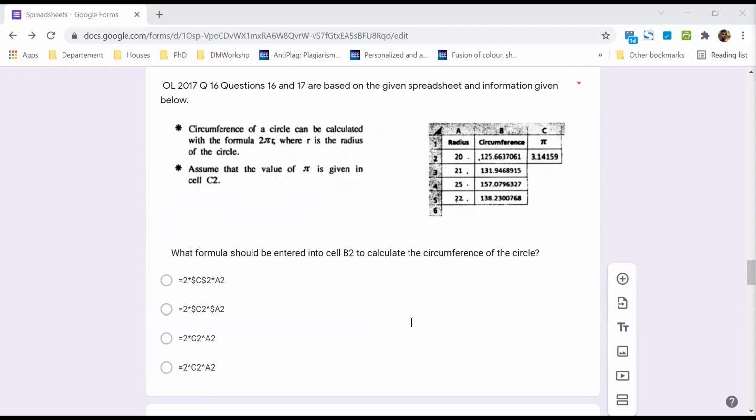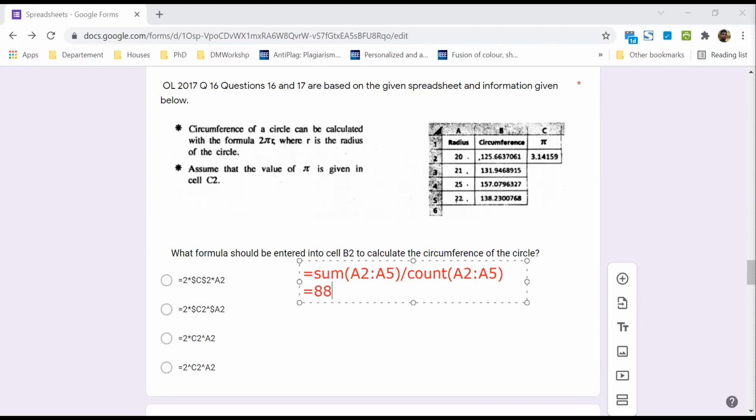We have sum A2 to A5 divided by count A2 to A5, right? So for the summation we know we have to add 20, 21, 25, 22. So that is 88, isn't it?